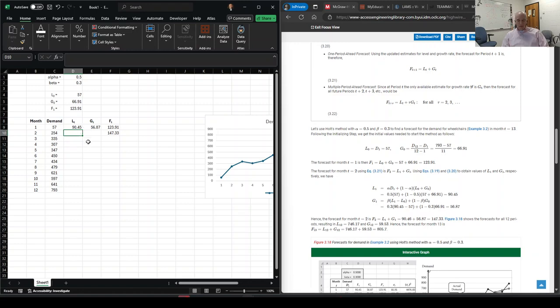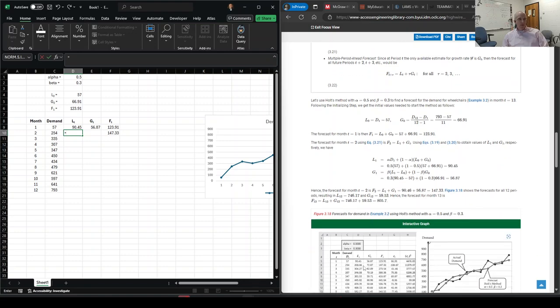So for the purposes of this table, let's do this L2 and make sure we have our L2 that agrees with this graph in the book, and then we can copy these three down, and then we'll do some error calculations coming up.